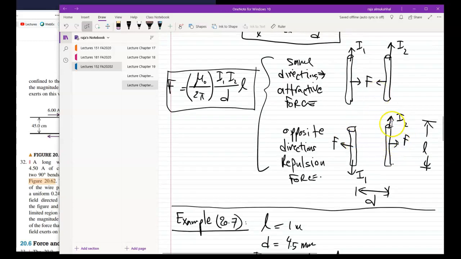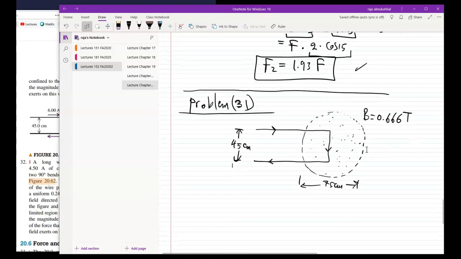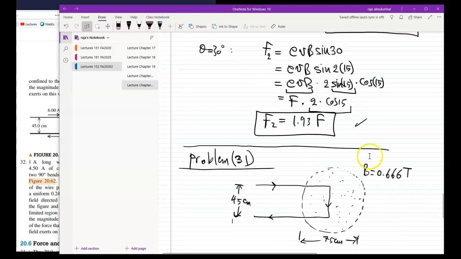If they're going in the opposite direction, this one and this one, I1 and I2. So you get the forces in the opposite direction. See that? In other words, they will repel each other. You got it? So in this case here, those two forces are going to be repelling each other.